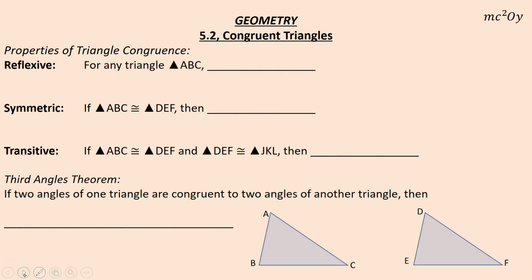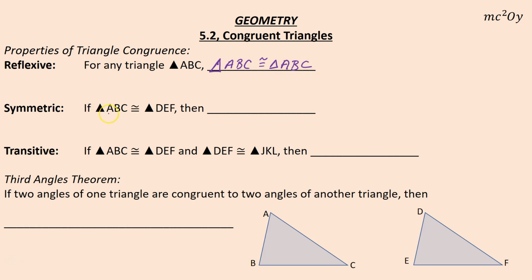We're going to talk about some properties of triangle congruence. First, the reflexive property for triangles. For any triangle ABC, that means ABC is going to be congruent to itself. That's what the reflexive property says.